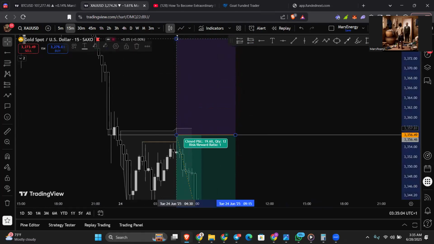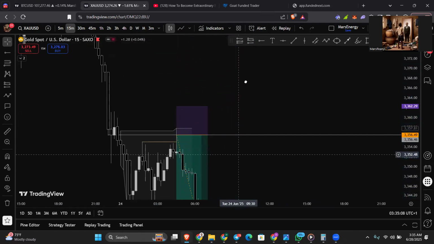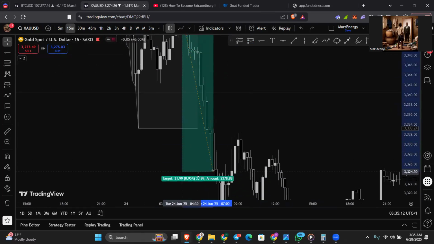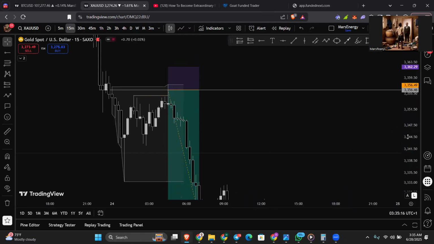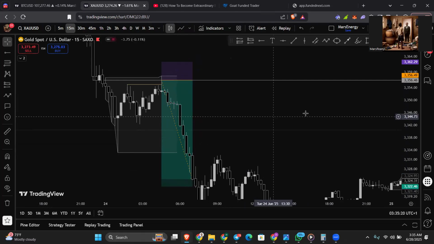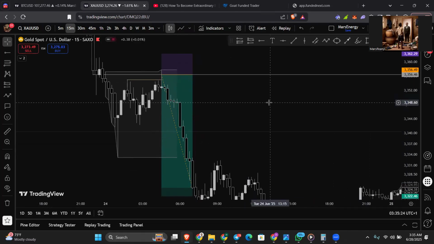Just look for sales, right? Look for sales. So you work with your higher time frame direction, right? That doesn't mean that there won't be buys, but if you are buying, it's just a counter trend. So if you are buying, then you now know what you are doing. Maybe if you are buying, target less RR.